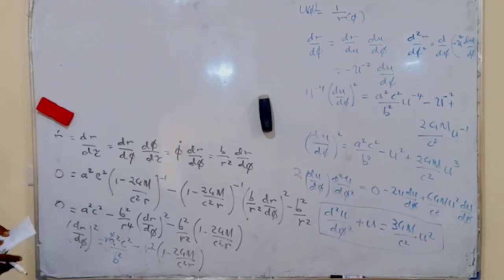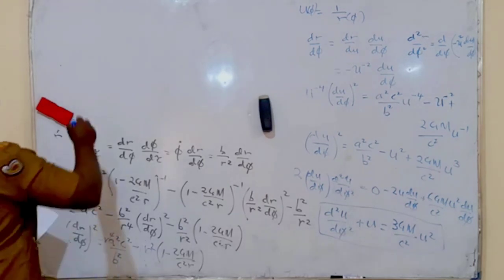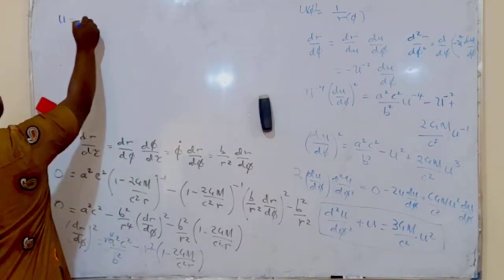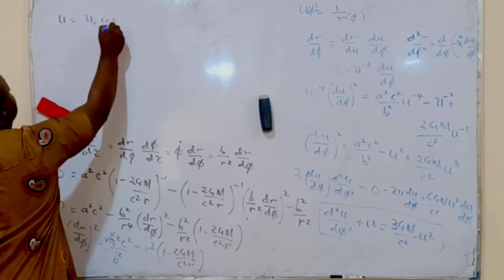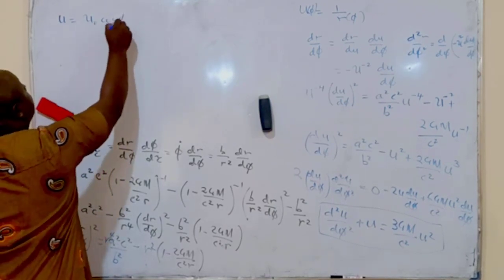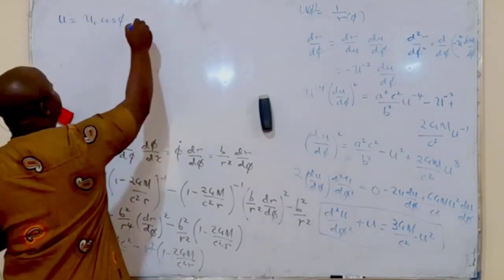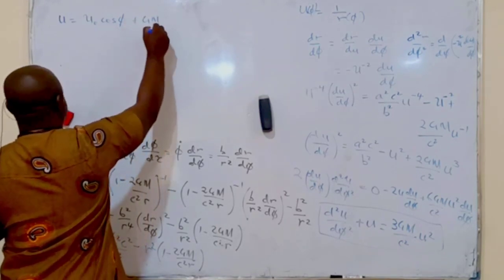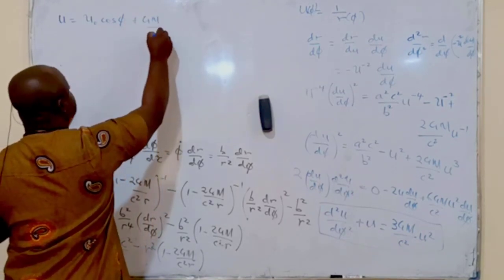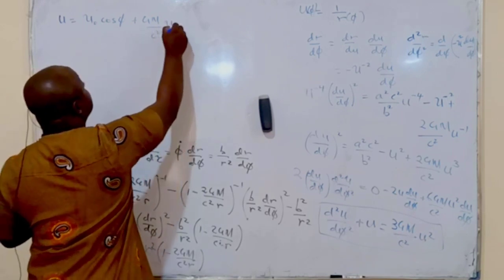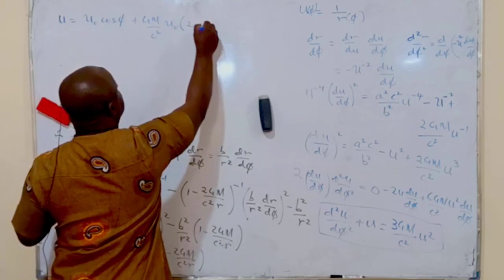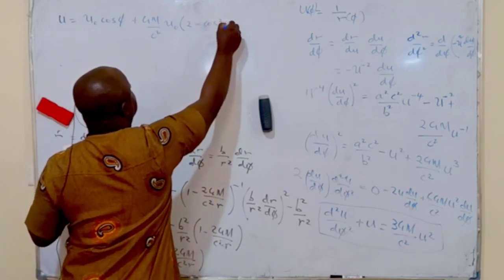So the solution is of the form u is equal to u0 cos phi plus gm over c squared u0 into 2 minus cos squared phi.